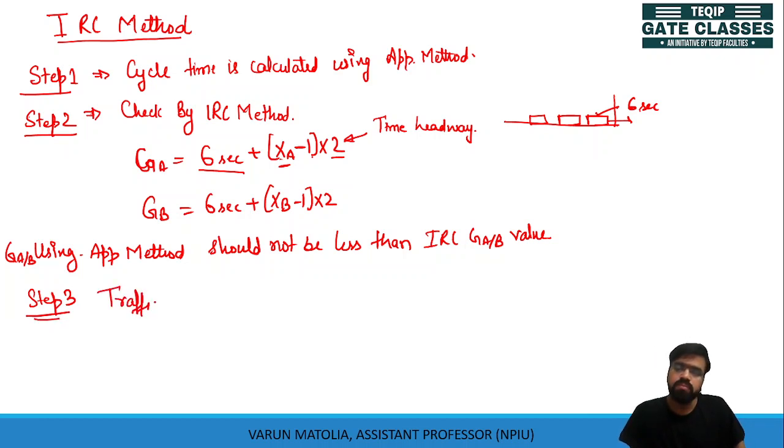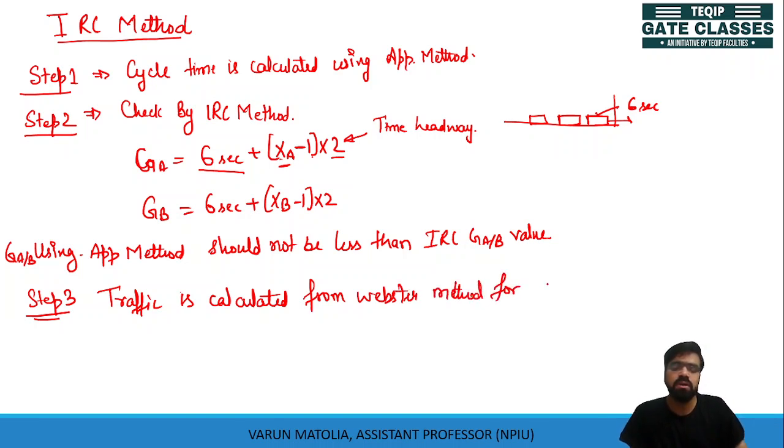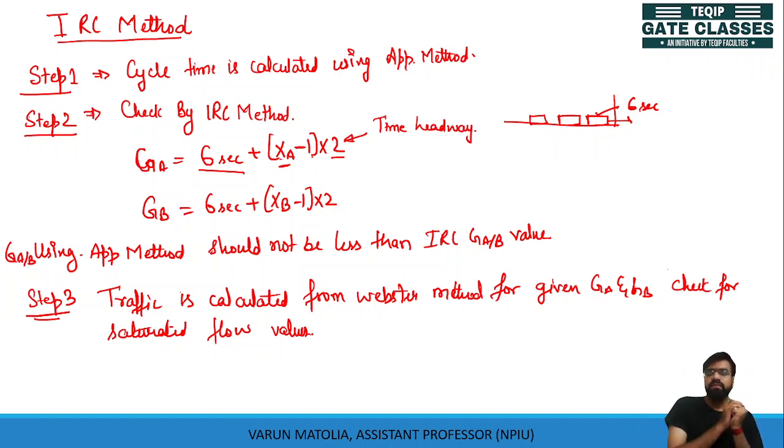Traffic volume is calculated from the Webster method for the given GA and GB, and checked for saturated flow values. Means another check is applied using your Webster method.